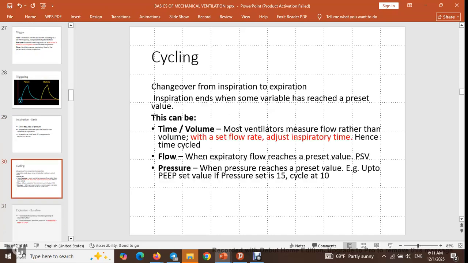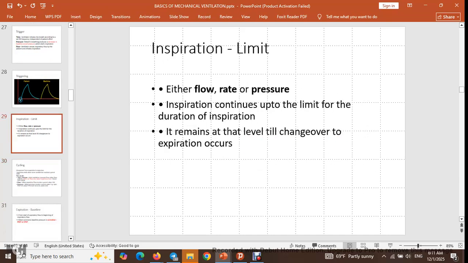When you see the limit, for example, in controlled ventilation, it can be pressure control or volume control ventilation. When there is pressure control ventilation, the trigger can be pressure, and also in assisted control. Most mechanical ventilators are assisted control actually.